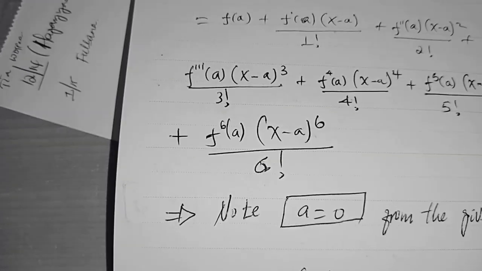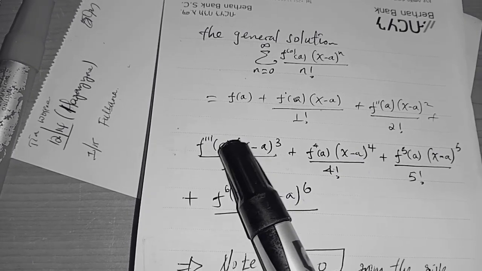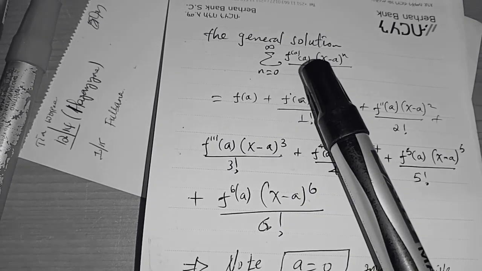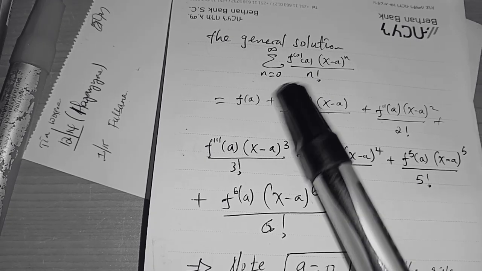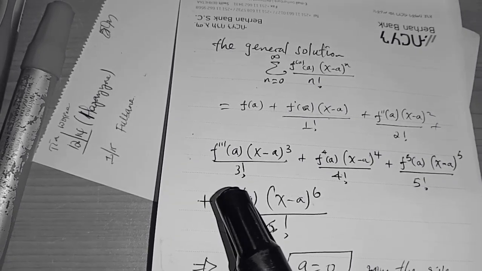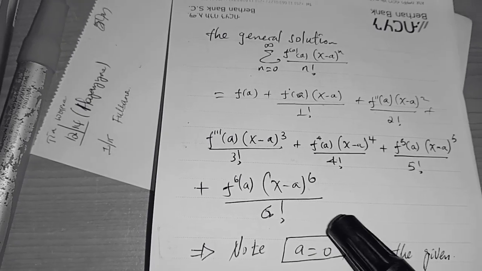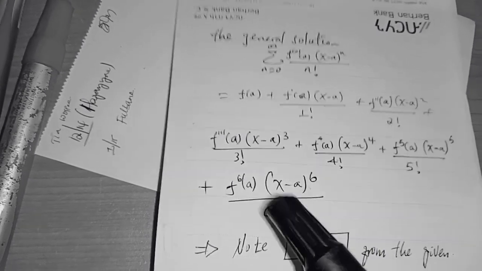Now the general solution is the summation for n starting from 0 to infinity of f to the power n of a times x minus a to the power of n over n factorial. Since the question says only up to 6 terms, we have to write down the formula up to 6 terms.